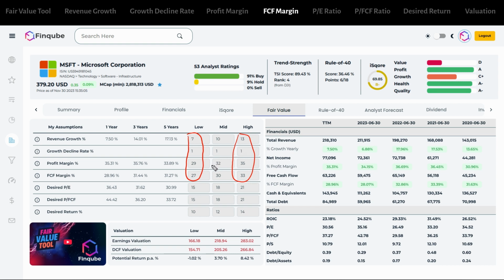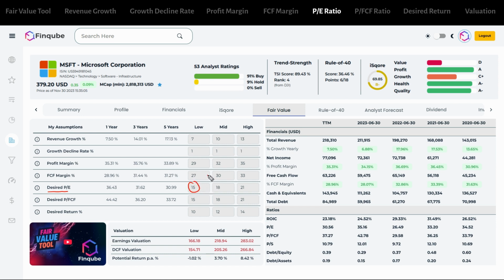What makes it so special here, that you can make different assumptions for different scenarios. Now we come to the price earnings ratio. And guys, I see this ratio from a different perspective, because I always set this as my default multiple.